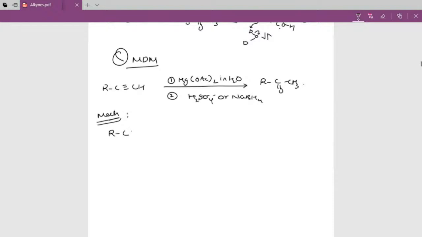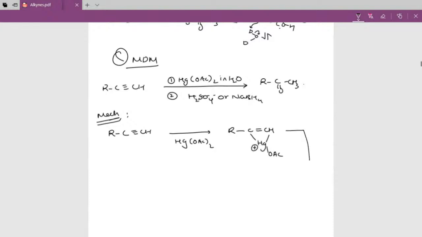So, RC triple bond CH will react with Hg(OAc)2. We have done its mechanism. We have done how this will ionize and will form HgOAc plus, and OAc minus. A cyclic mercurinium ion is formed.